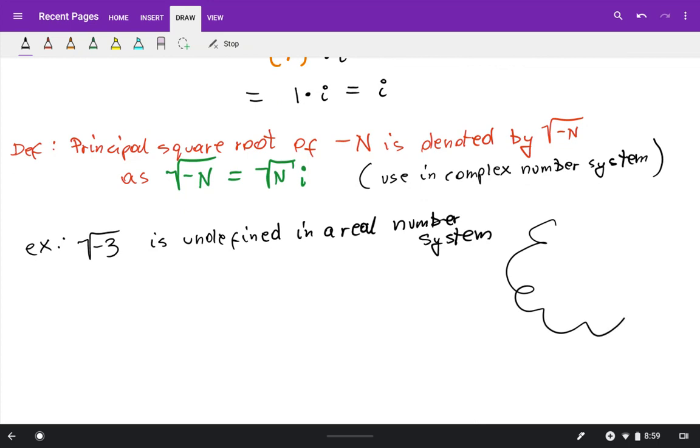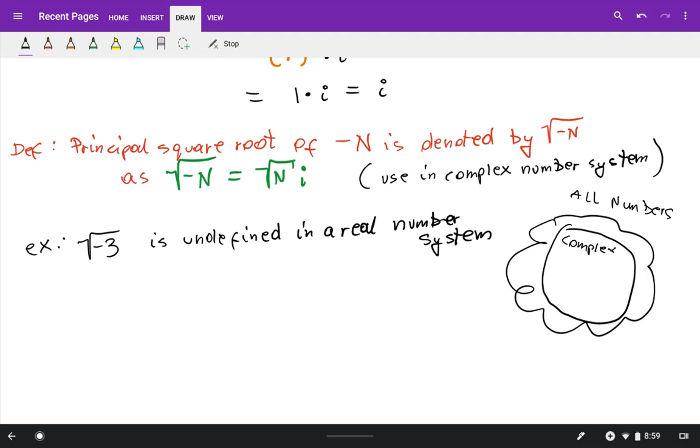When you have all numbers which exist, if I want to break it down, here I'm going to give you the set. So this is the complex number system, and inside of complex numbers, the smaller sets are the real number system.